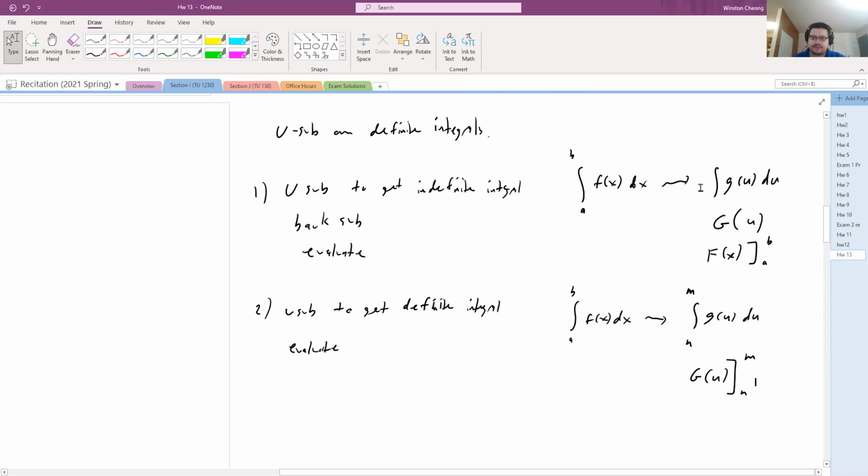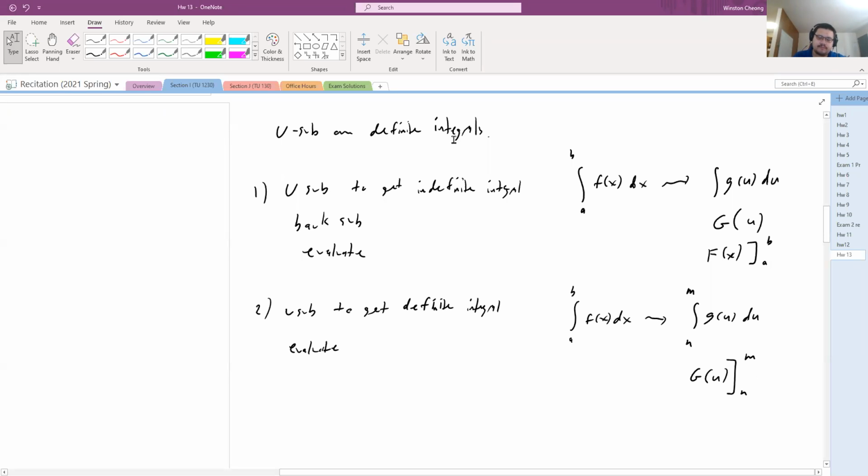So in the first approach, you will have integrated in the u world, but then you back substitute to bring yourself back to the x world so that you can perform the evaluation. Whereas with the second one, you can just stay in the u world and evaluate there, but it presupposes that you figure out what those limits would have to be. Essentially for definite integrals where you want to perform a u sub, you can use either approach.